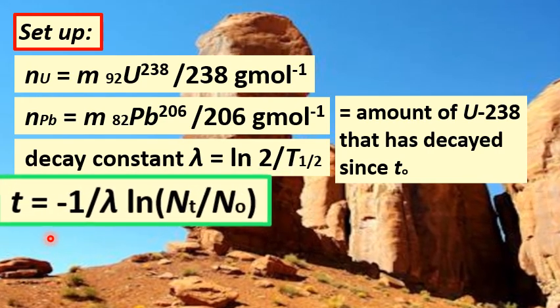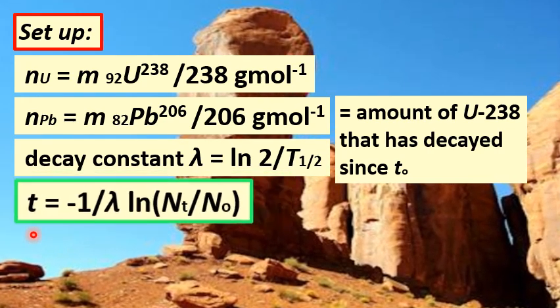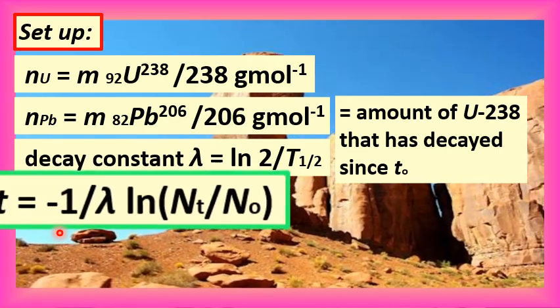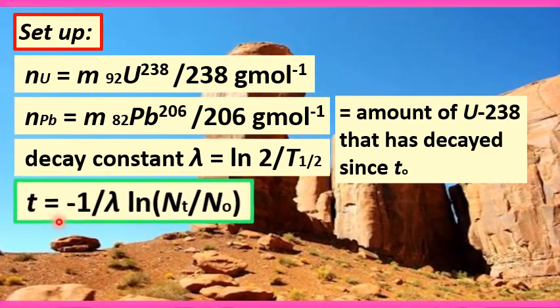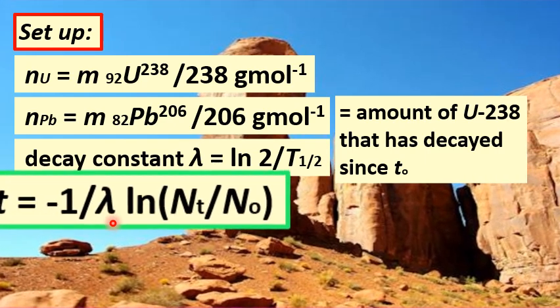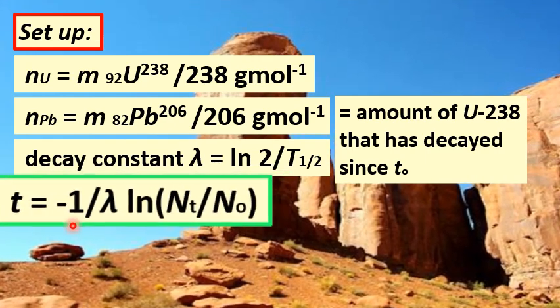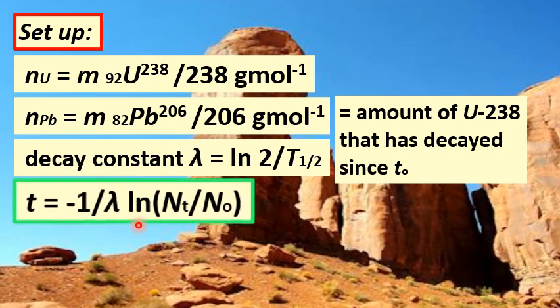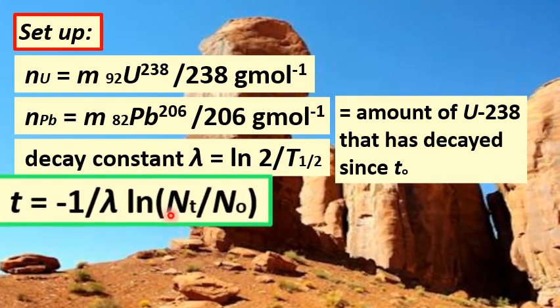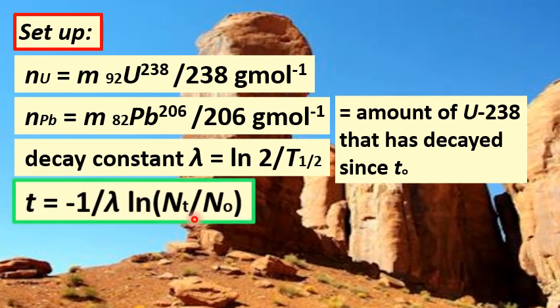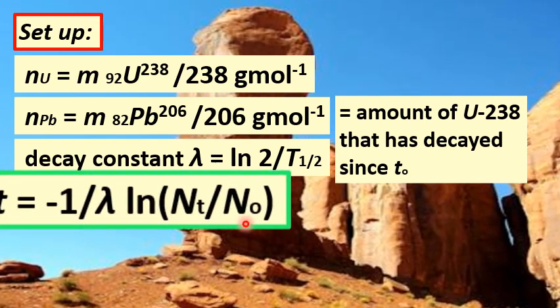So time t is computed using this formula, which is the negative of the reciprocal of the decay constant, or -1 over lambda, multiplied by the natural log of the ratio capital N sub t over capital N naught.